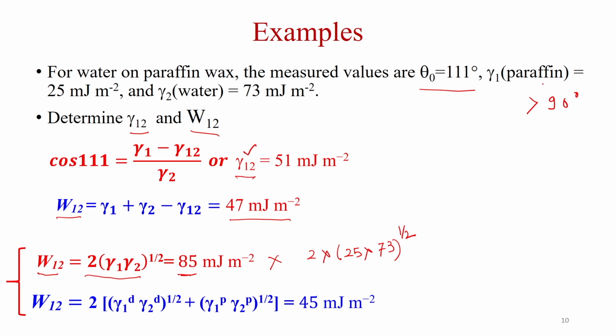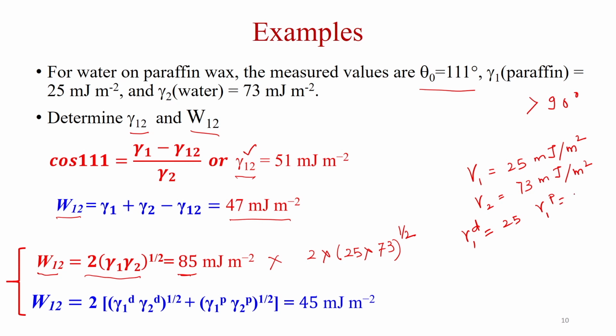So, if we consider the paraffin, gamma 1 is equal to 25 millijoule per meter square and gamma 2 is 73 millijoule per meter square. Paraffin, if we consider purely hydrophobic, we can say it is having gamma dispersive component is 25.